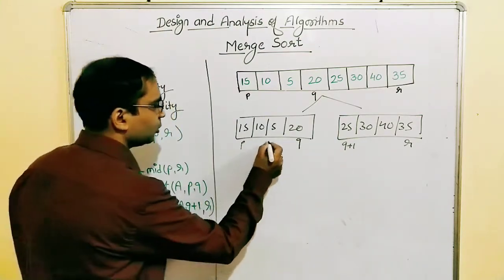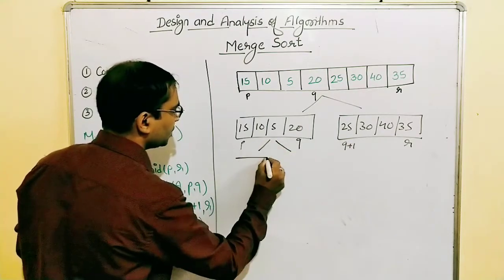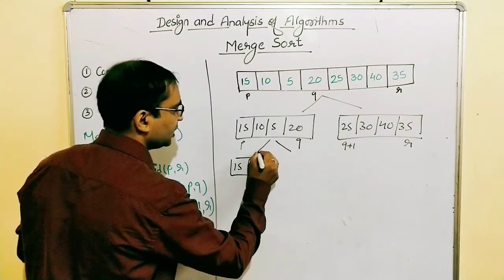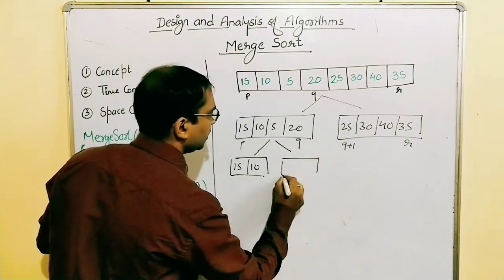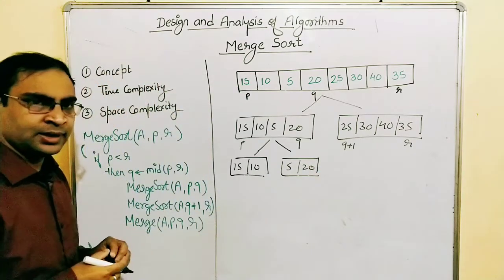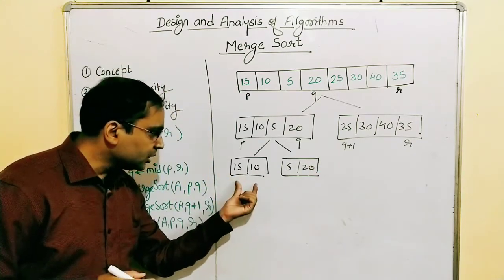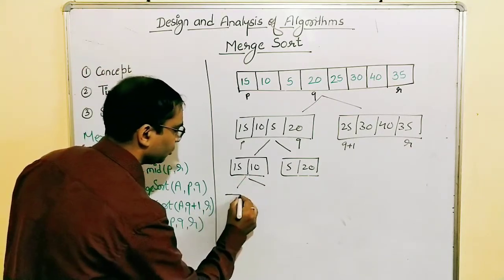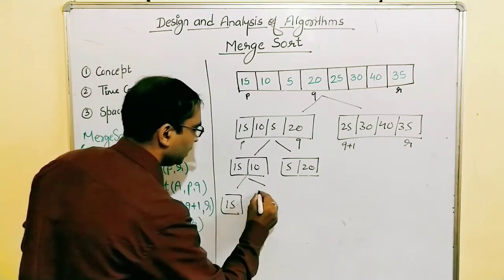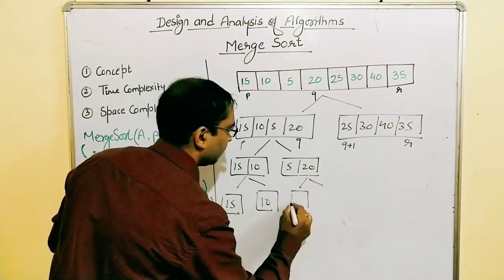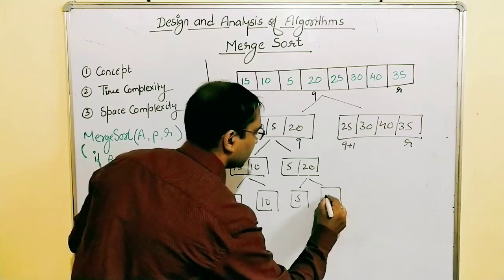Now 15 and 10 is one list, and 5 and 20 is the second list. We'll subdivide again: 15 and 10 will be divided into 15 and 10, and 5 and 20 into 5 and 20.